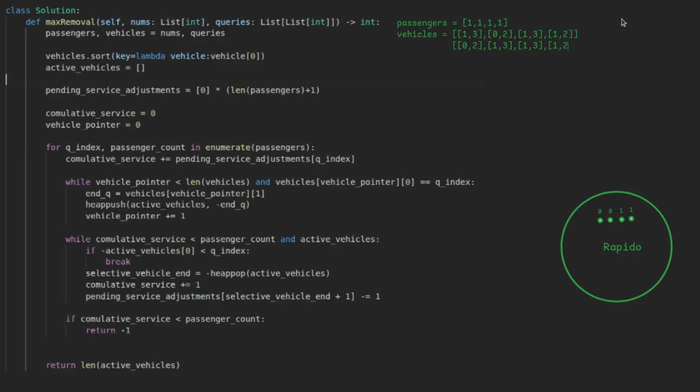This is what it will come out like, right? So I'm just sorting it in place, and then I will keep track of the active vehicles.